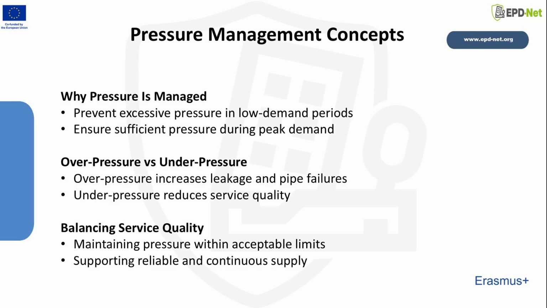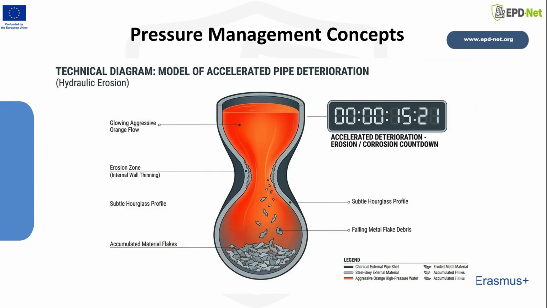Underpressure, on the other hand, can lead to poor service quality, customer complaints, and in some cases, health risks due to potential contamination. Effective pressure management aims to balance these risks by maintaining pressure within acceptable operational limits. By doing so, utilities can protect infrastructure, reduce water losses, and ensure a reliable and continuous water supply for end users.